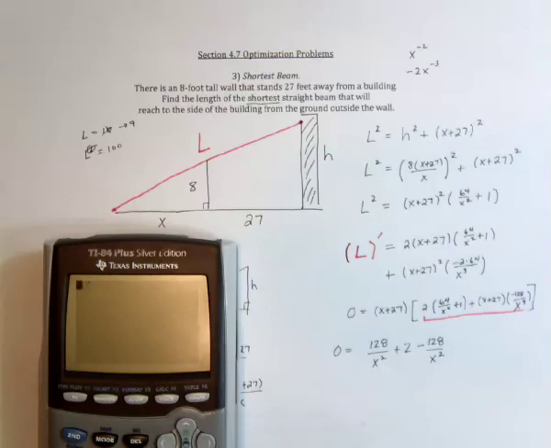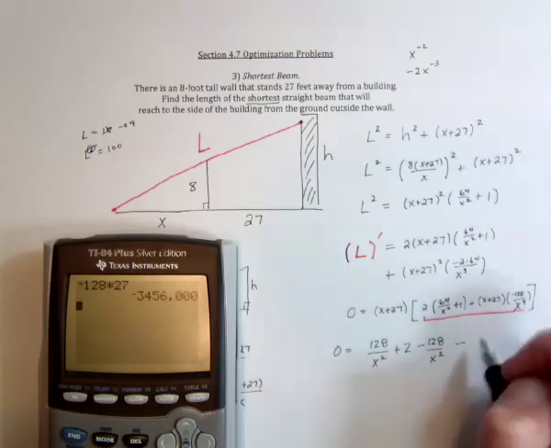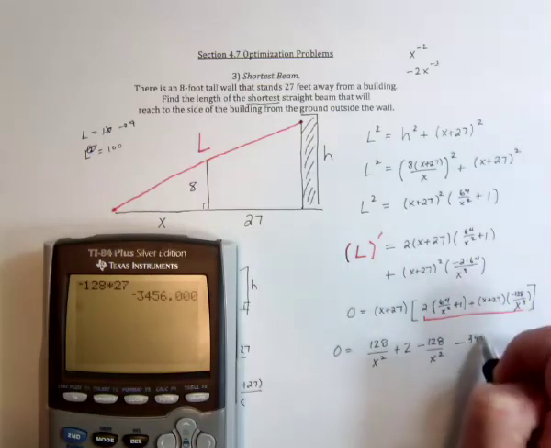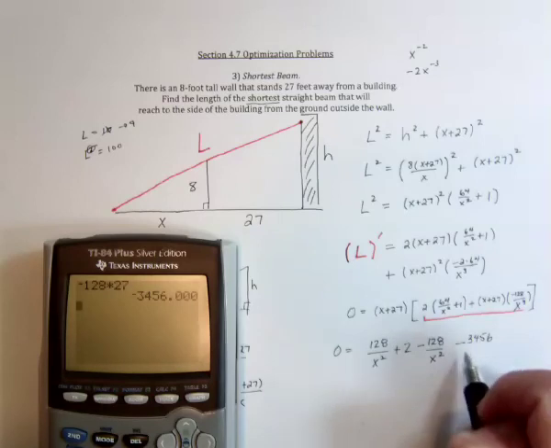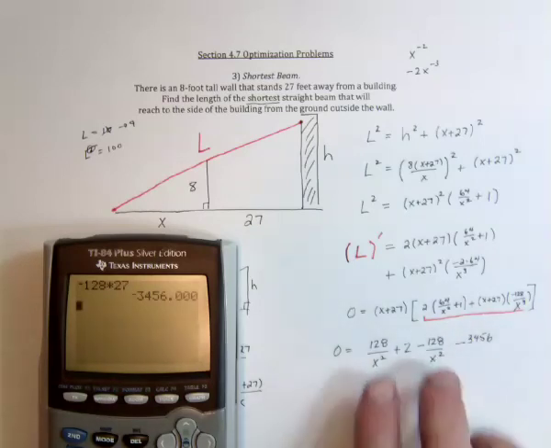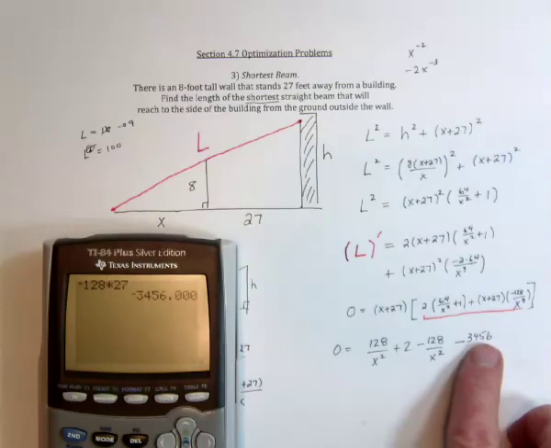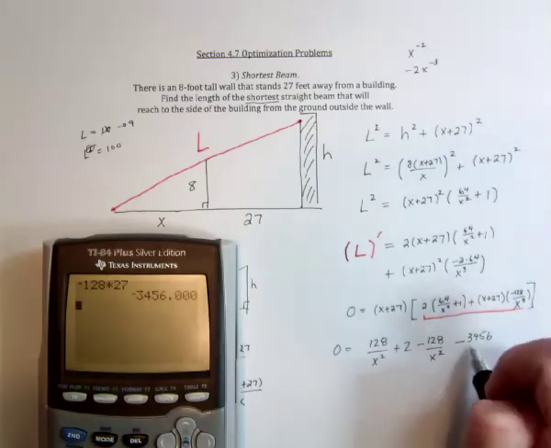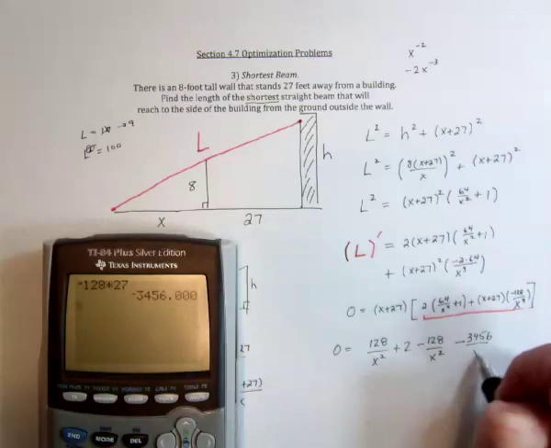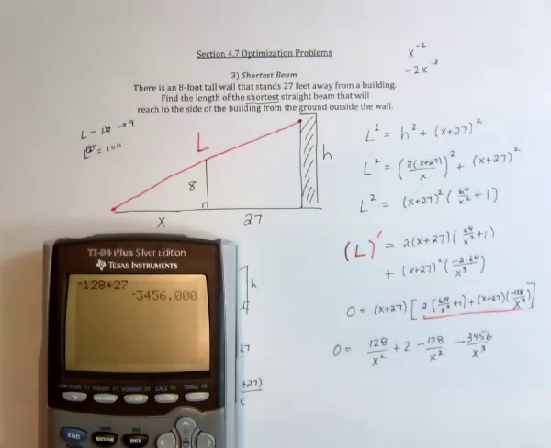So negative 128 times 27, negative 3456. I just thought that's strange also. Look at this. So this thing shows up, both positive and negative, and then the next number it shows up, 3456. Math is funny. Over x cubed.